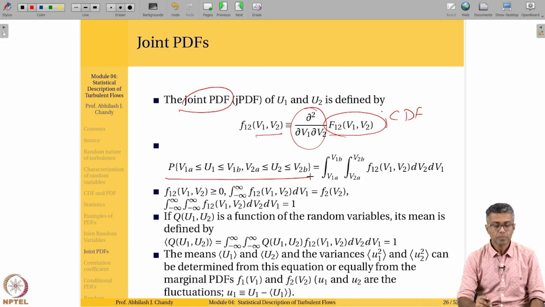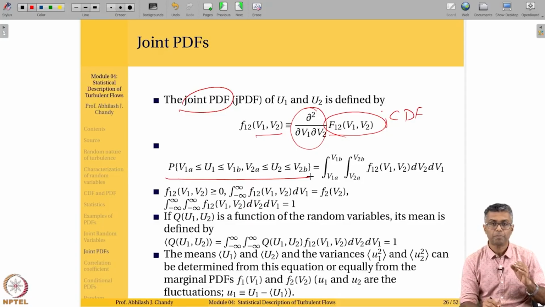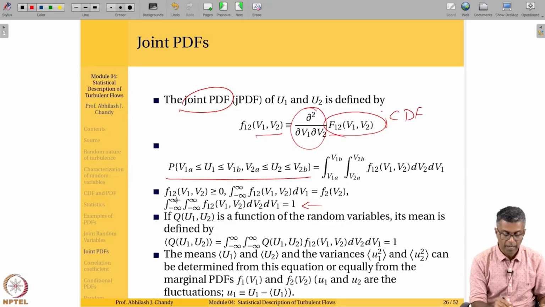Now, just like for a single random variable, the PDF will follow certain rules. One is the normalization condition as shown here: the double integral of the entire PDF over the entire sample space would be equal to 1.